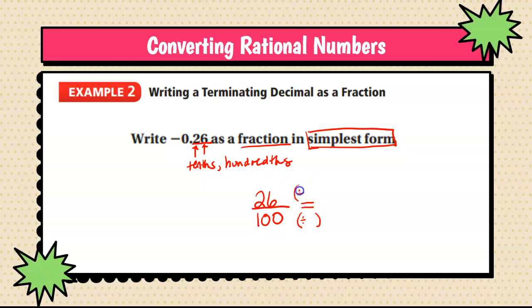I'm noticing that both my numerator and my denominator are even numbers. They're also positive numbers. So I'm going to just divide them both by 2 and see where that gets me. 26 divided by 2 is 13. And 100 divided by 2 is 50. And this is in lowest terms, so I am done there.